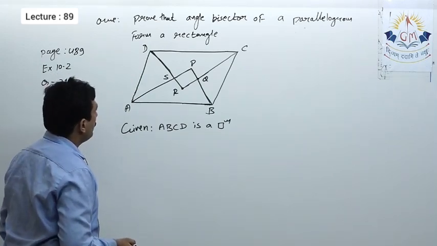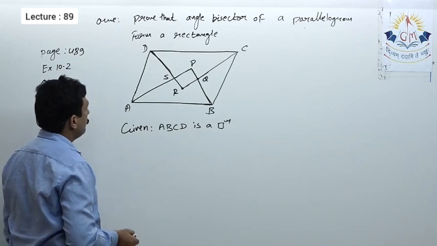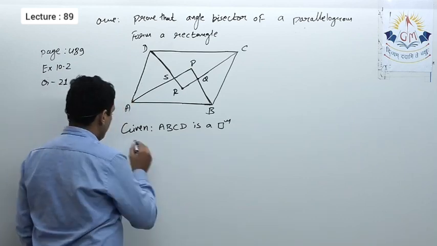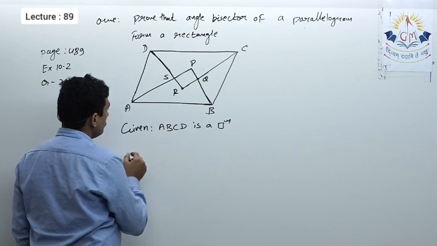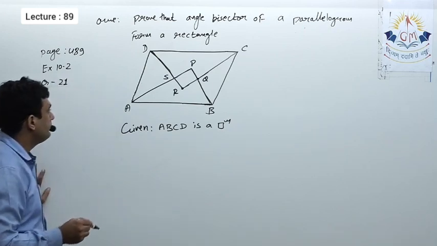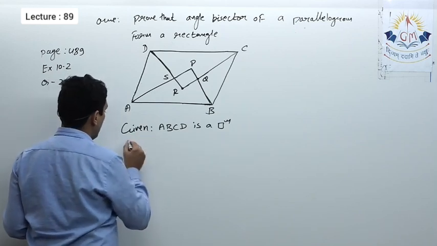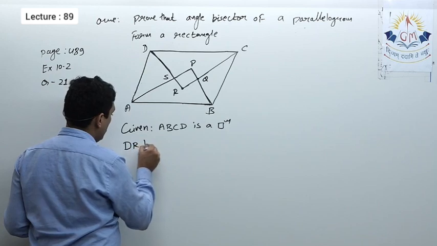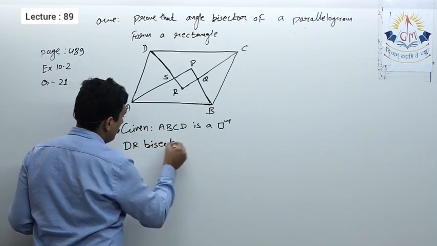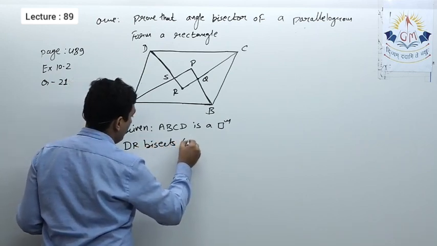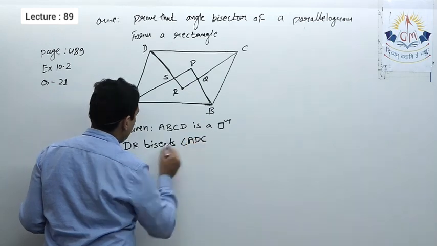So we have to prove this quadrilateral will be a rectangle. Given, DR bisects angle ADC.